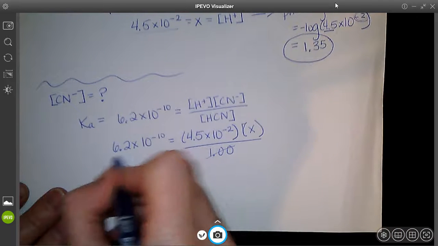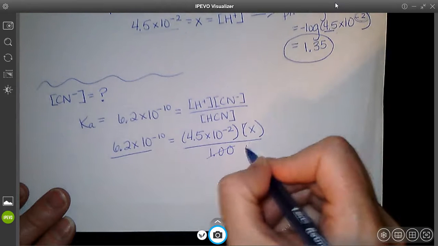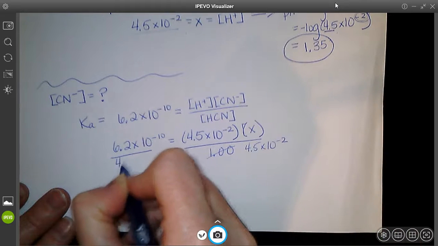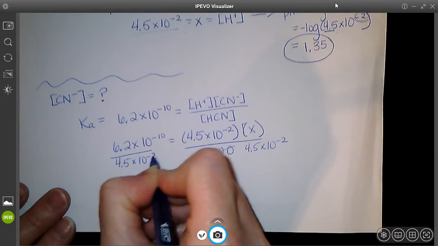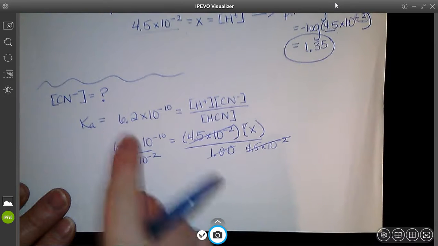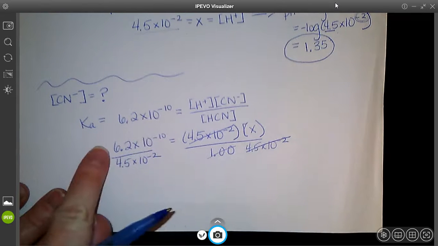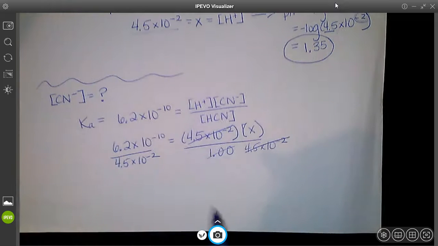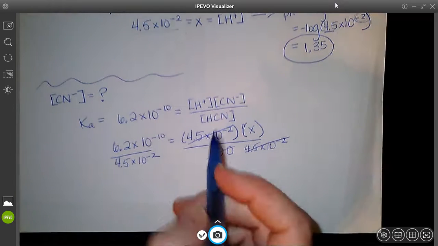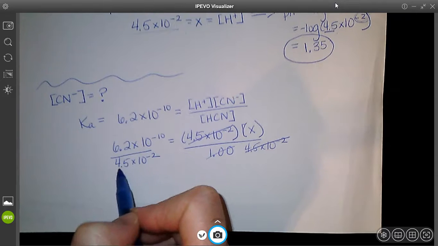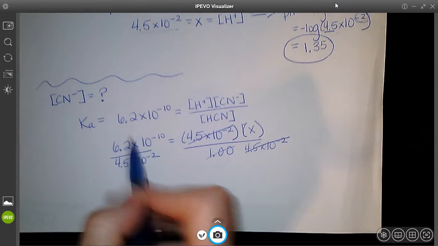So to get rid of this, we're going to divide both sides by 4.5 times 10 to the negative 2. Those cancel. I did it to both sides, so we're equal. If I were to do this in my head, 6.2 divided by 4.5 is just going to be slightly smaller than 1.5. If this was 6.0 and 4, then that would be 1.5, but we're a little off.